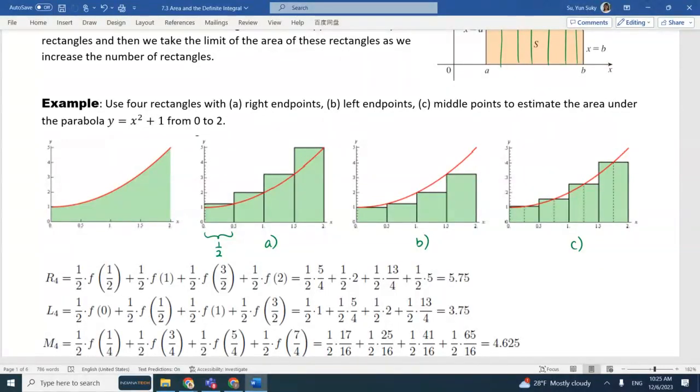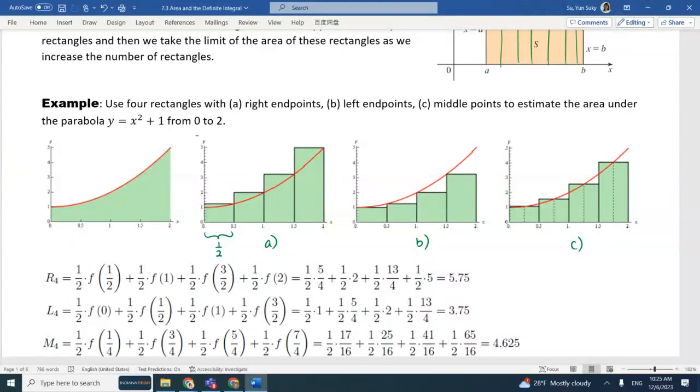So R4. The first rectangle, the width is 1/2. The height, we use the right endpoint. Do you see the right endpoint is 1/2? That's the first rectangle. And the second rectangle, the width is 1/2, and f of the right endpoint, which is 1.